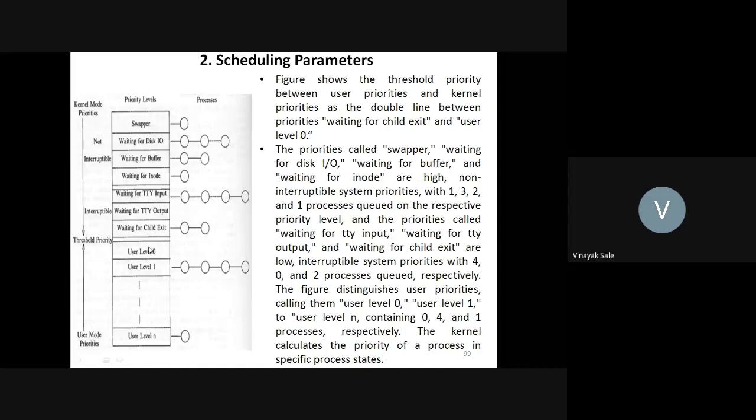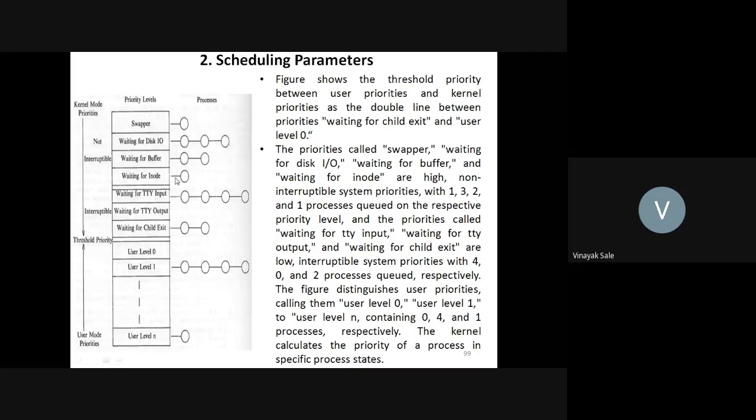The priorities called swapper, waiting for disk IO, waiting for buffer, and waiting for inode are the high non-interruptible kernel mode priorities.